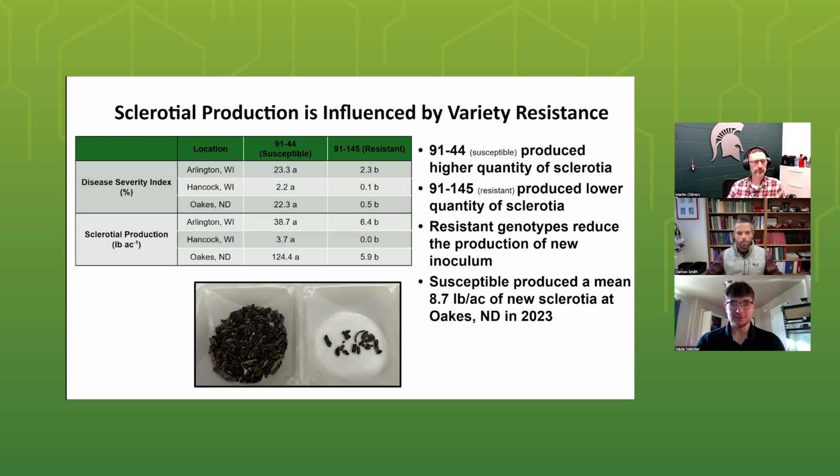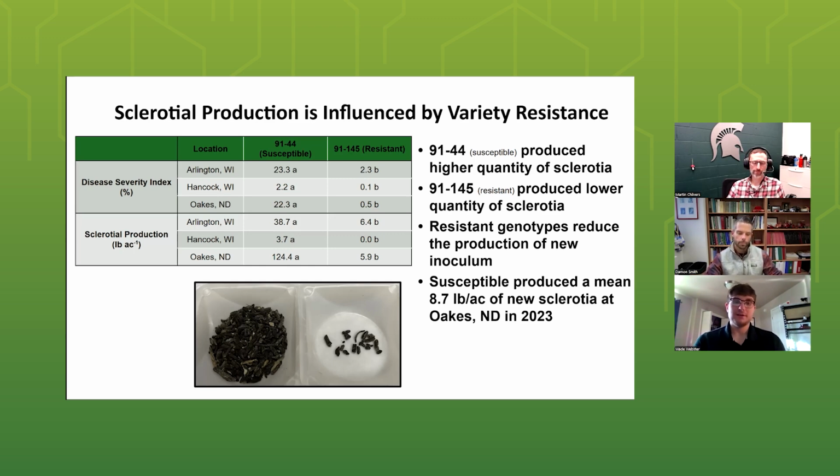But the most interesting portion of this story is on the bottom side of this table, looking at sclerotial production, and this is in pounds per acre. This is incredibly difficult to conceptualize, as the density of these sclerotia is very, very low comparatively.